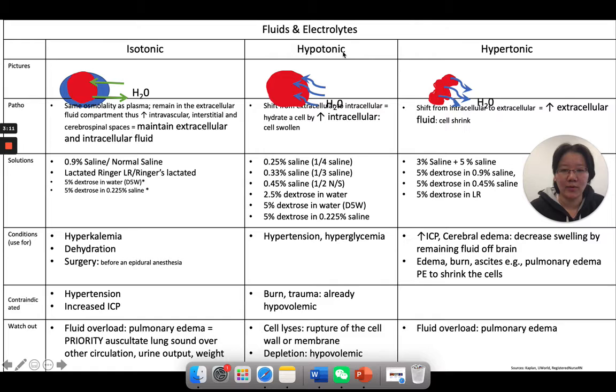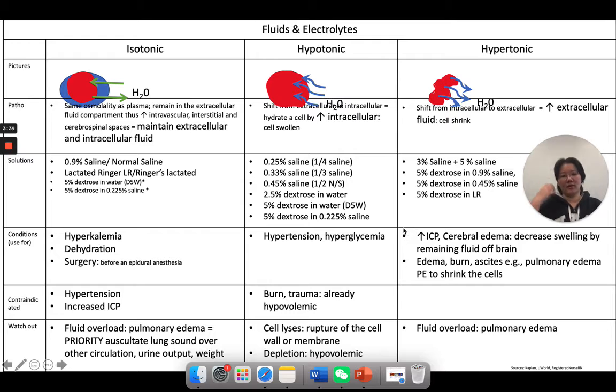With hypotonics, what happens is you have increased intracellular fluid, so the cells will swell, because the fluids go inside the cells. The solution is as follows. Now 5% dextrose in water is itself isotonic, but when you infuse it into our blood vessel it becomes hypotonic.